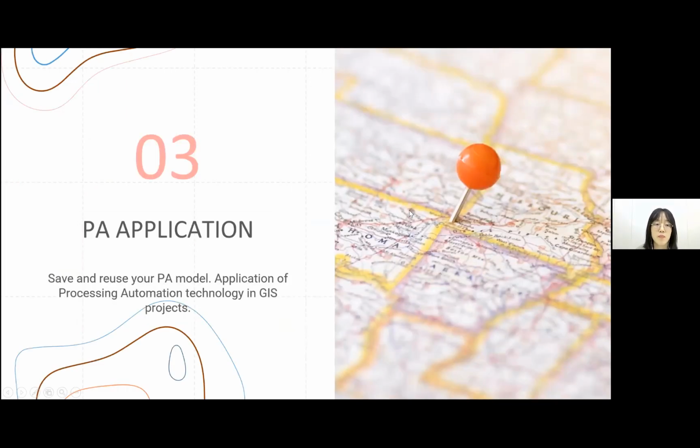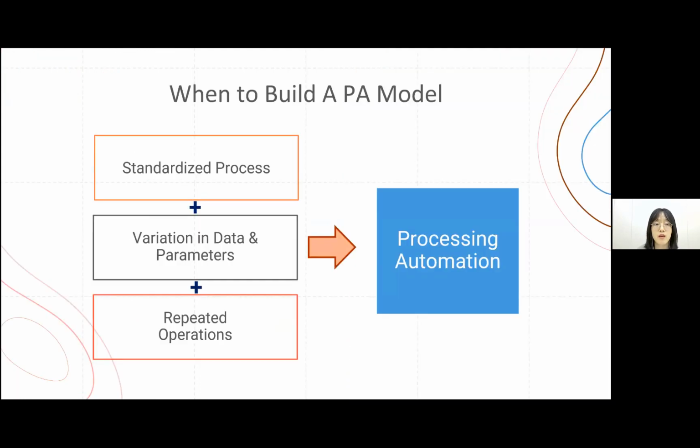And then let's see how we can use a PA model in our real GIS project. As you might have noticed, usually we would use a PA model when we have a standard process or procedure for our data processing and analysis, and we would use a lot of data for the same standardized process.